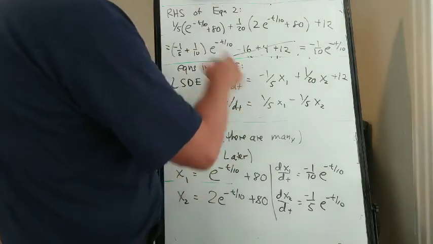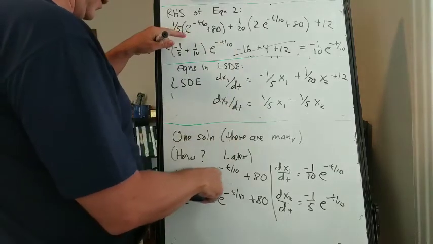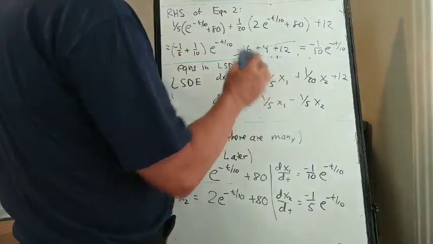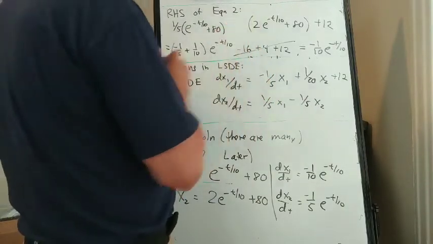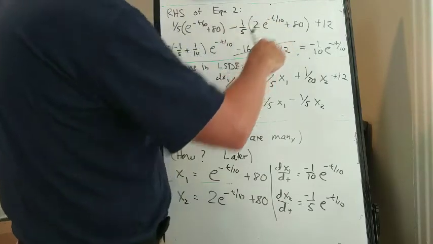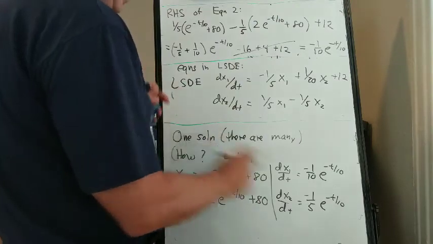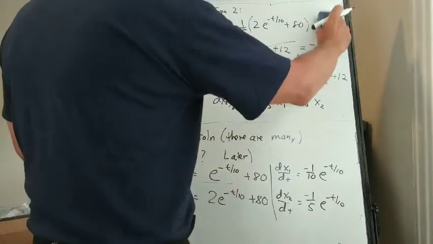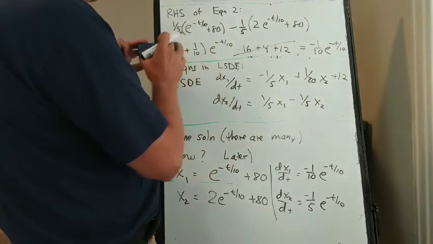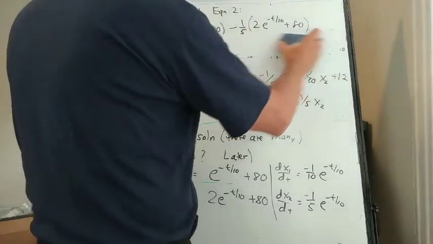We've got 1/5 x1, so I've already written that there. 1/5 of e to the negative t over 10 plus 80, minus 1/5 of x2, and I already wrote x2 in there because that's 2e to the negative t over 10 plus 80. And then there's no plus 12 in equation 2. So here is the right-hand side, and let's see what this simplifies to.